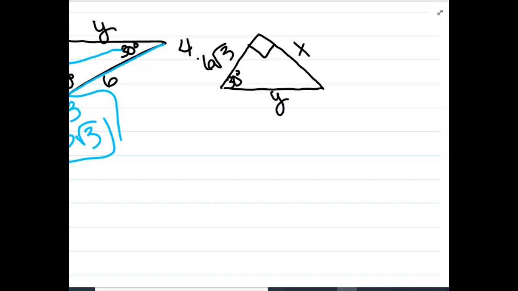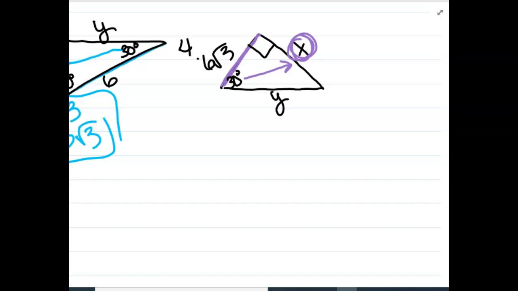Now once again, remember in a 30, 60, 90 triangle, that shortest leg, the shortest side, is what we're looking for. That's going to be your S. That's kind of like your starting place. So the side opposite the 30-degree angle, that's what I need right there, and I don't have it. What I do have is the other leg.